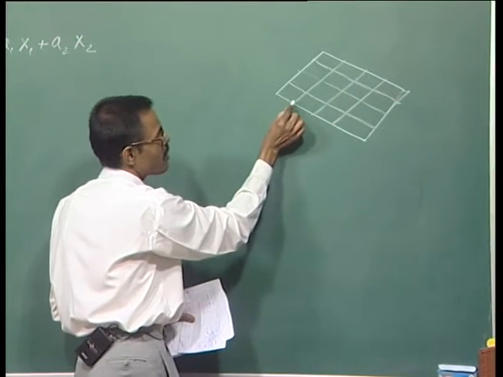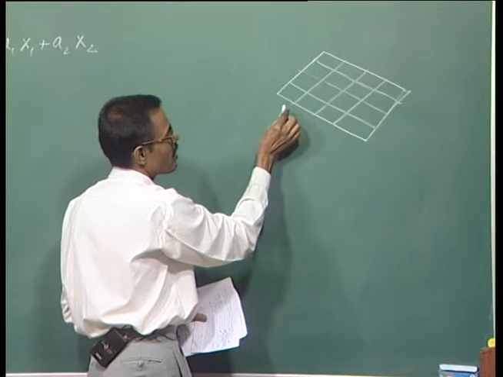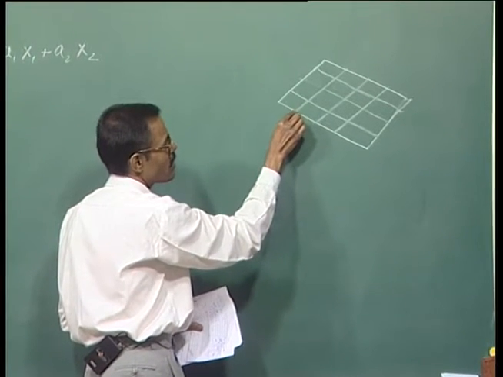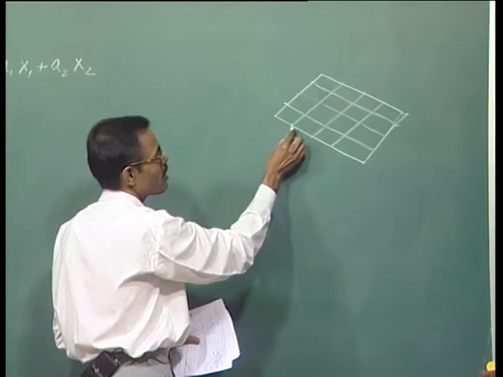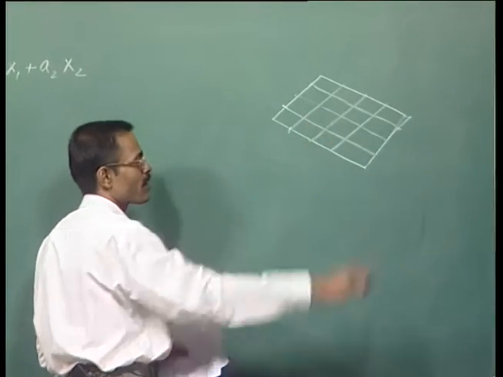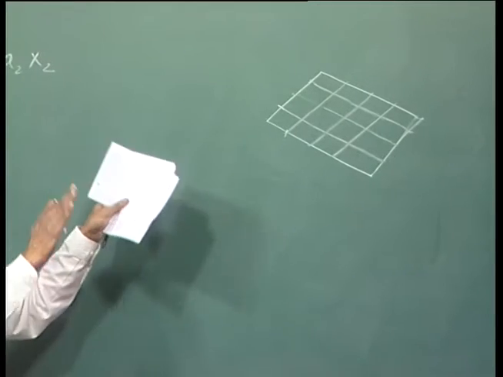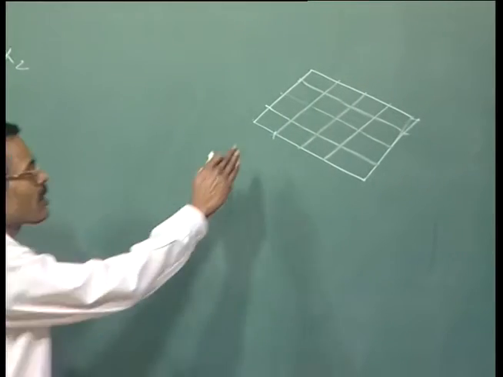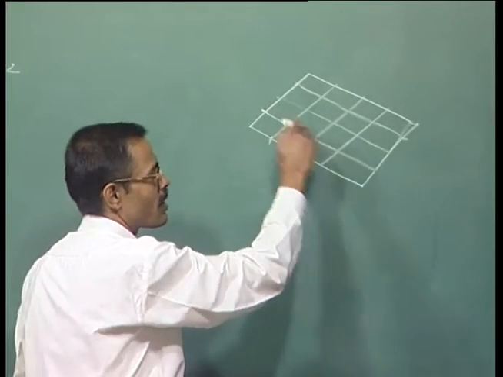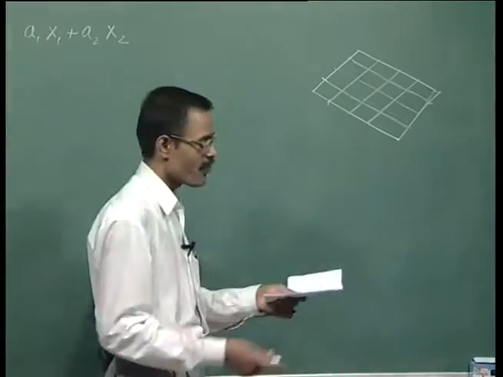The sizes of these small parallelograms are 3 centimeters in this direction and 2 centimeters in this direction. So, 3, 2, 3, 2 like this. So, this is the top of the table in which these kinds of marks are made. It is a design.